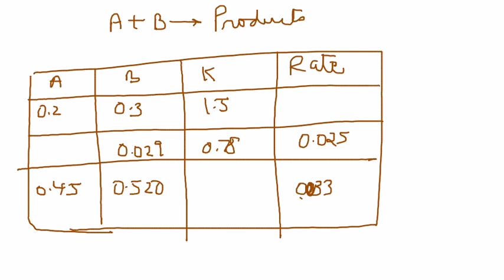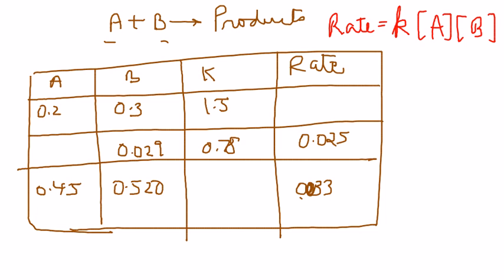Okay, so realize that the question says that it's going to be first order with respect to both A as well as B. That means one can write down a generic rate law expression that rate is going to be equal to K times the concentration of A times concentration of B. Notice the exponent here is 1 with respect to each of the two, the A and the B concentrations.